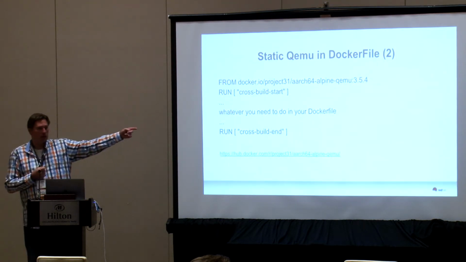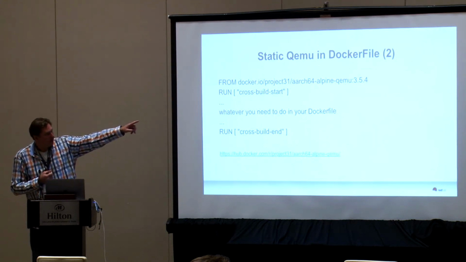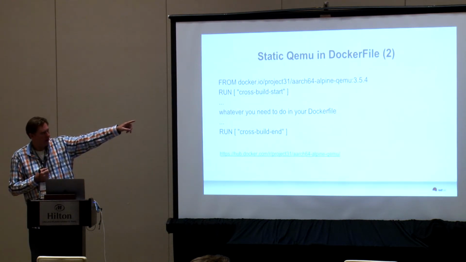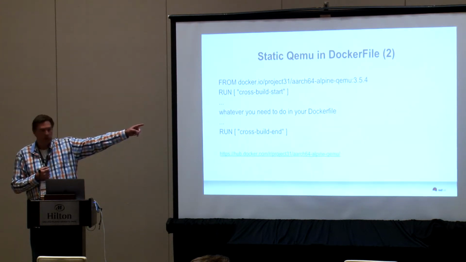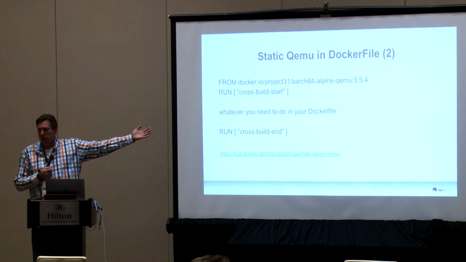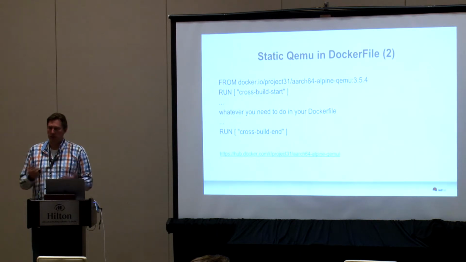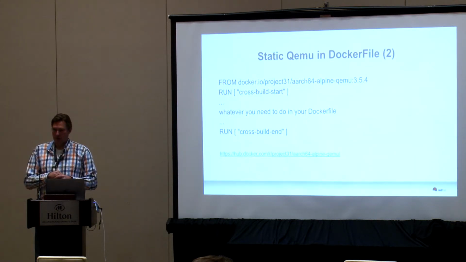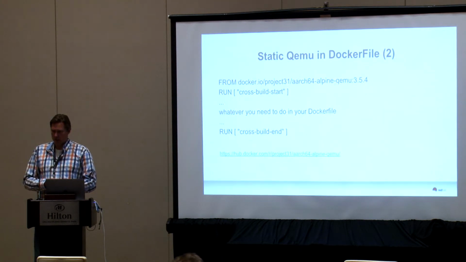So in my Docker file, I can now say, from this image, that's an ARM image, run cross-build so that I have the shim in place. Now I can run whatever Docker commands I want to run, and then at the end I take the shim back out. Otherwise, it's not gonna work, right? And now the final product is an ARM container.